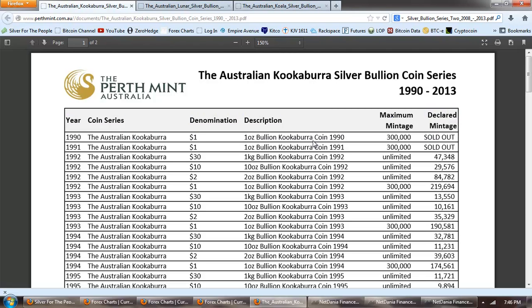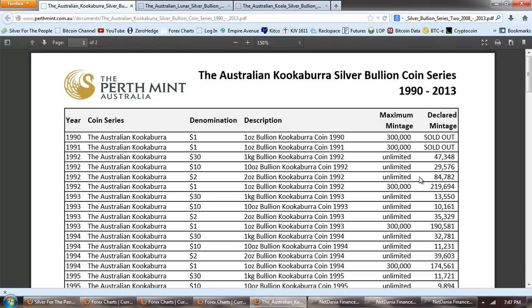Now, we're going to see that the Kookaburra is different than the Koala and the Lunar series in that there isn't a half-ounce coin. Now you can see this started back in 1990, and the first 2 years you can see that they sold out. So they sold those 300,000. They only had that 1 ounce coin offered.